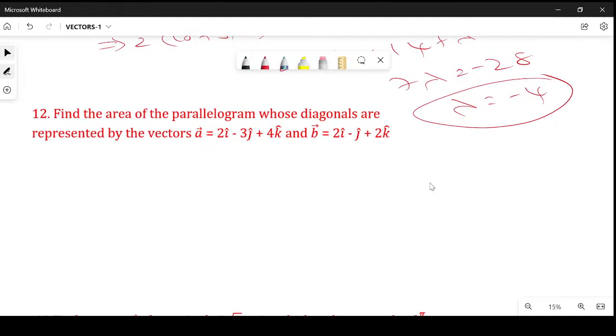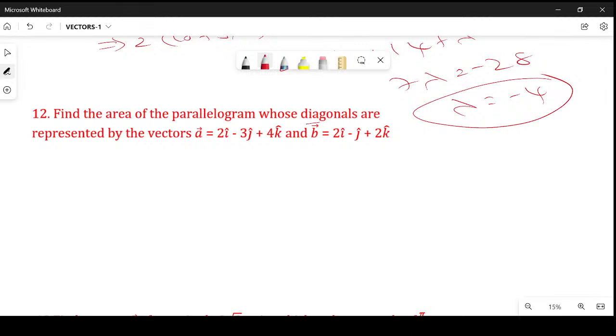Right, next, find the area of the parallelogram whose diagonals are represented by the vectors a bar and b bar. They are asking for the area of the parallelogram whose diagonals are given. When the diagonals are given, the area of the parallelogram will be 1 by 2 mod a bar cross b bar.